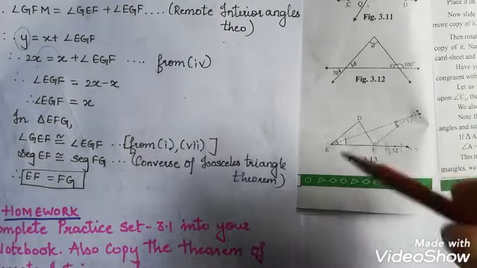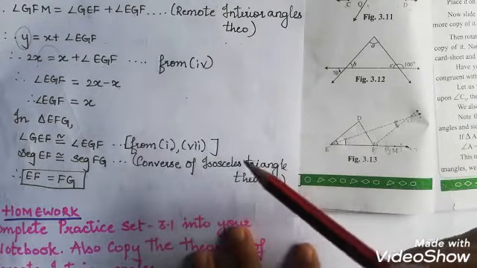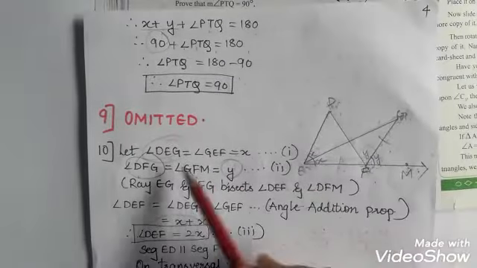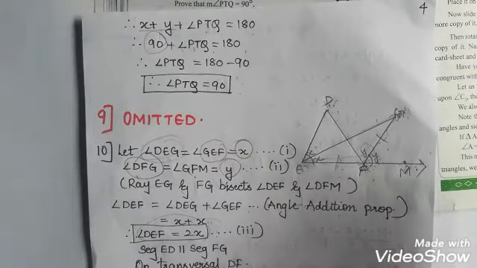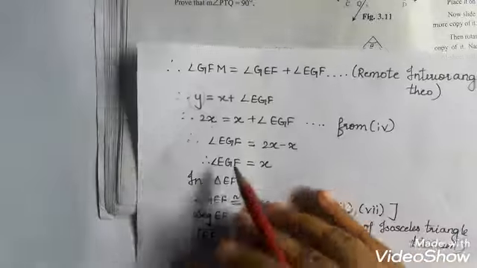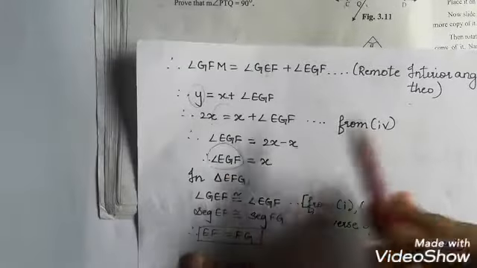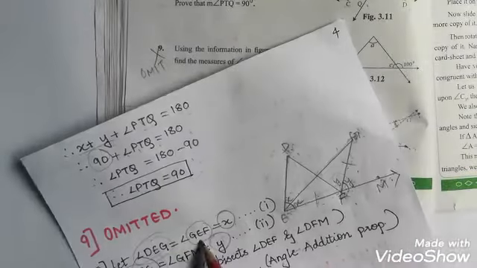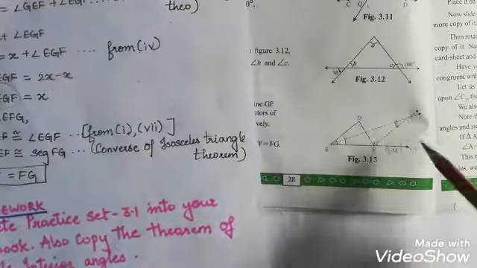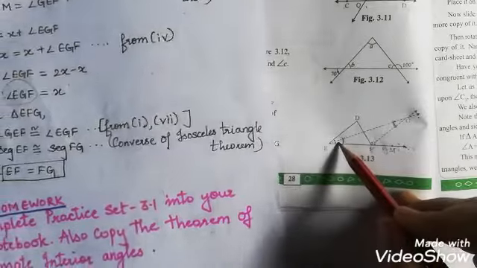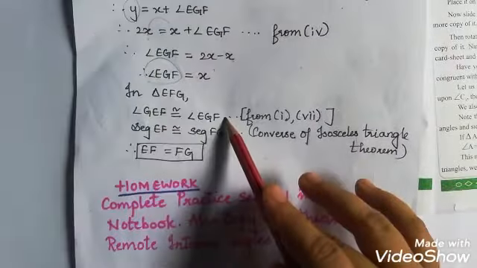How do I get those two angles equal? Angle GEF is also equal to x, right? And here EGF also I got as x. So these two, GEF and EGF, both are equal to x. So I can say that both are congruent.